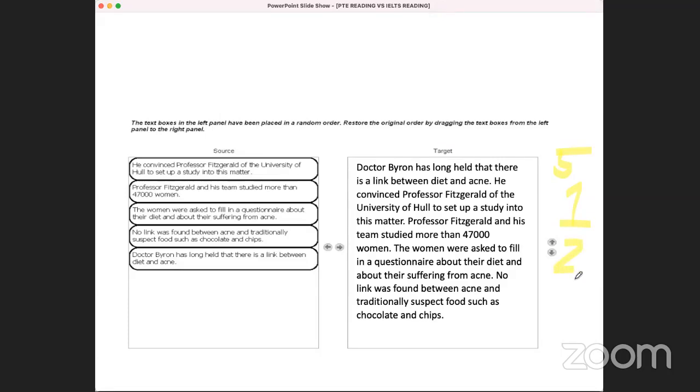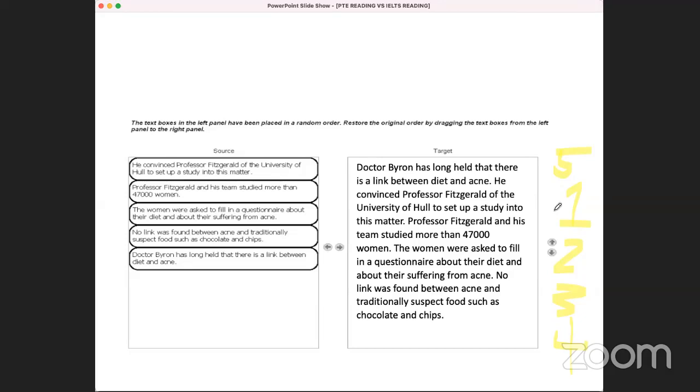The women were asked to fill in a questionnaire about their diet and their suffering from acne, 3. And no link was found, 4. So 5, 1, 2, 3, 4. Congratulations. You have been able to get 4 points.